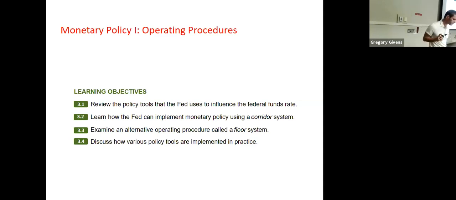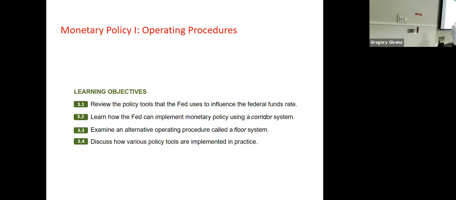Now, the particular operating procedure that the Fed used for a long time up until the financial crisis, which you guys may remember from about 10 years ago, between 2008 and 2009, was what has been called subsequently a corridor system, all right? So here I'm going to start introducing some language that you may not be familiar with.